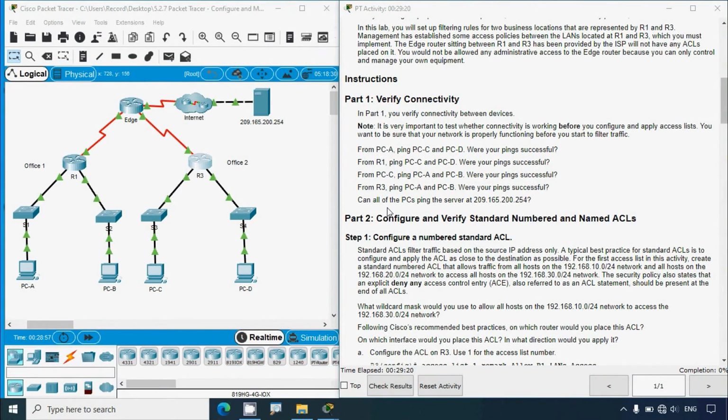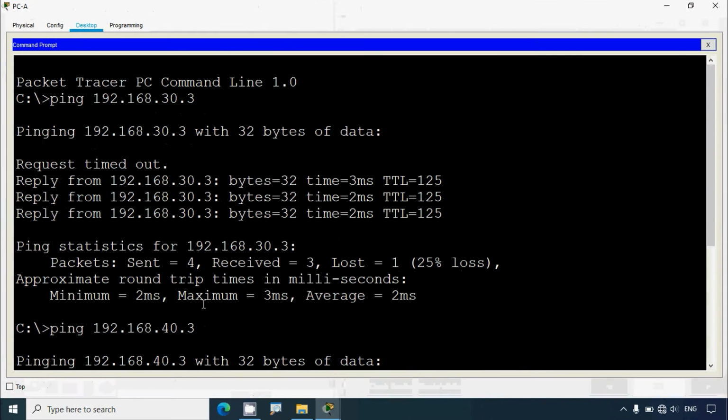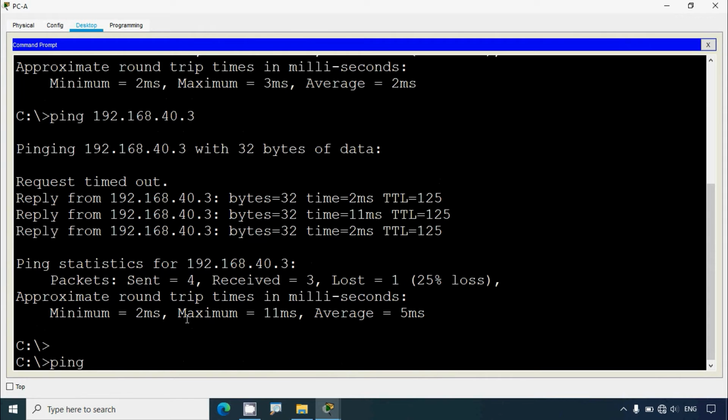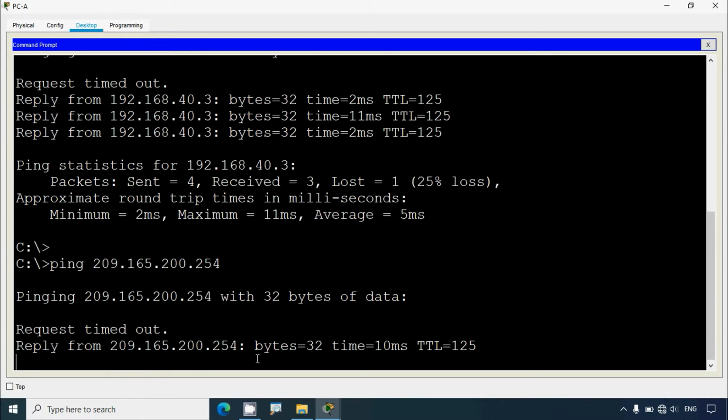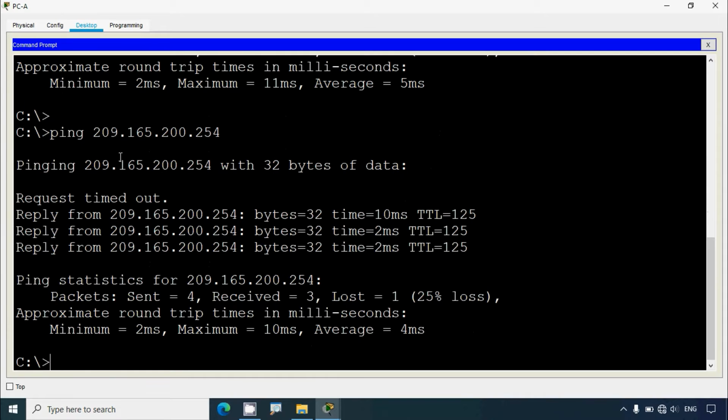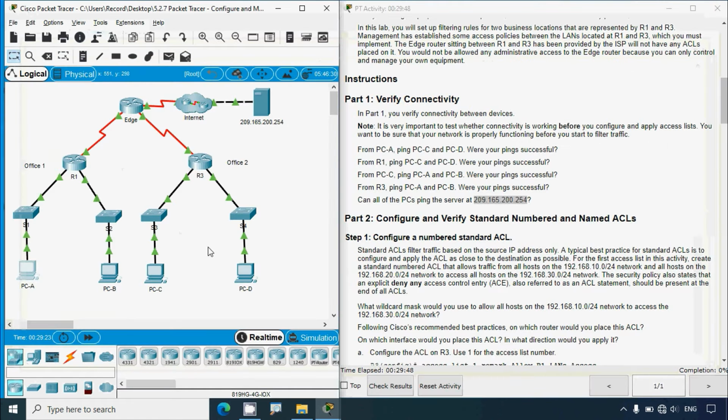Then can all of the PCs ping the server at 209.165.200.254? We will test that. I will copy this IP address. Coming to PC-A, we are waiting for the replies. So PC-A can communicate. Then we will go to PC-B.